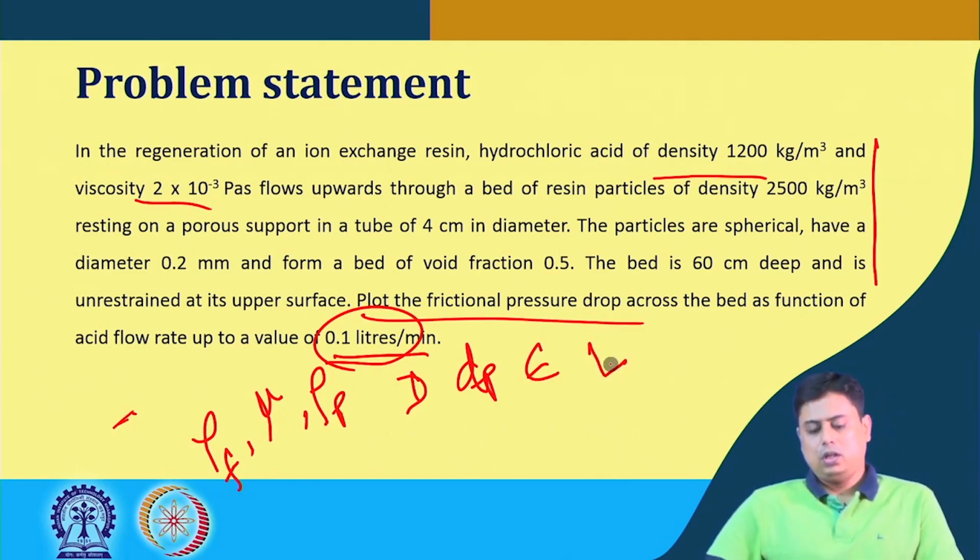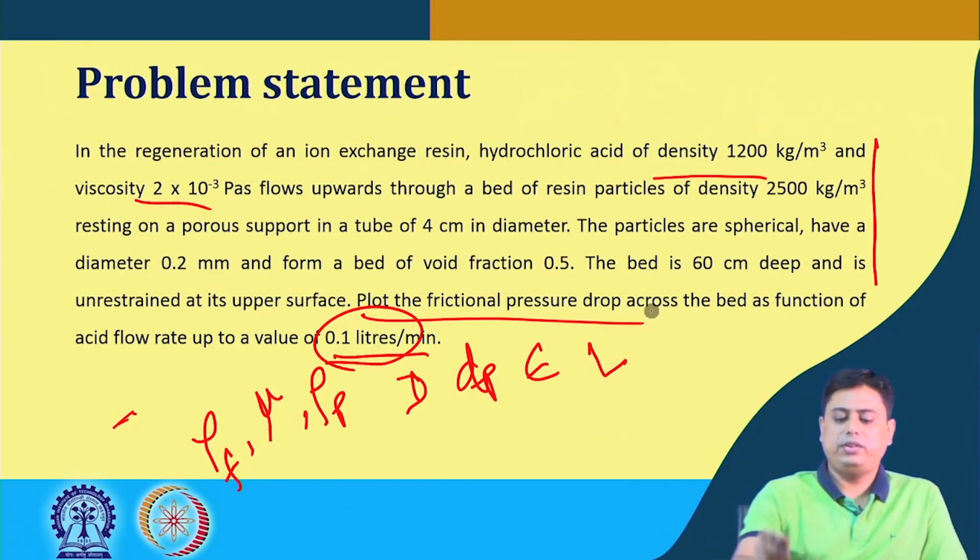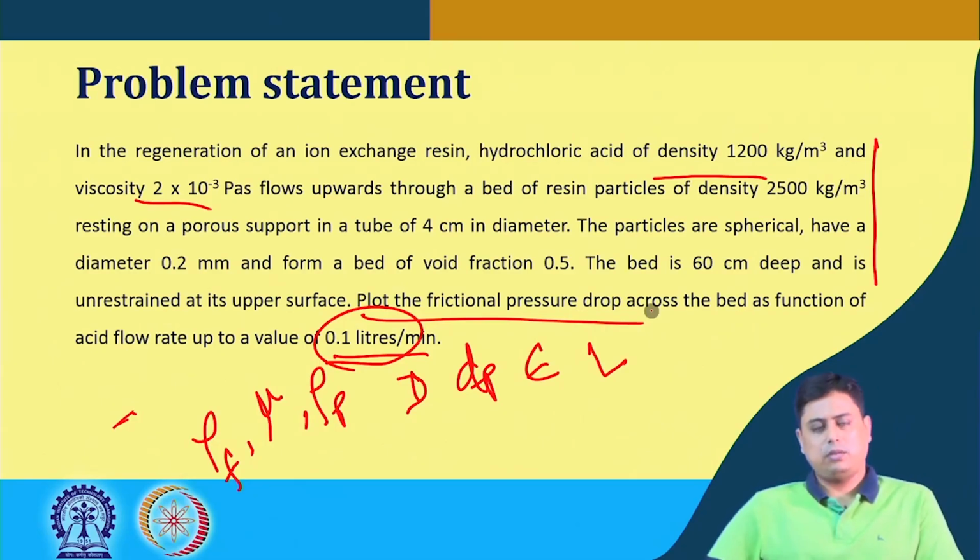Yes, of course, but let us say we do not use that, because to plot the frictional pressure drop across the bed for such a single case, if the flow is laminar, how will the relation between this frictional pressure drop and the flow rate look? Will it not be a linear relation?